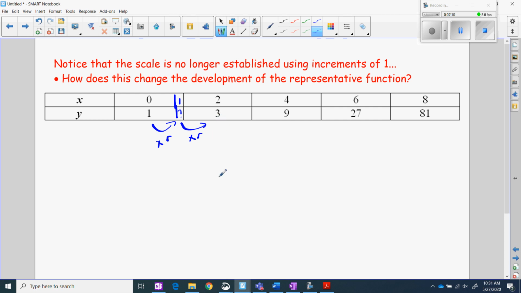Now, how does that affect our equation? Well, we're still going to go y equals a b to the x. But here's the key. When you look at this and said, well, I'm multiplying by 3. So it appears in this chart that the common ratio is 3. However, the dilemma is the x scale is not going by 1s.